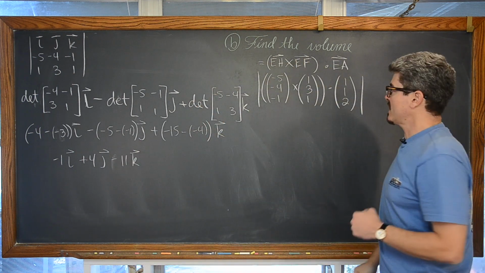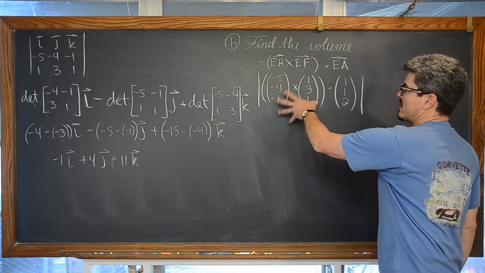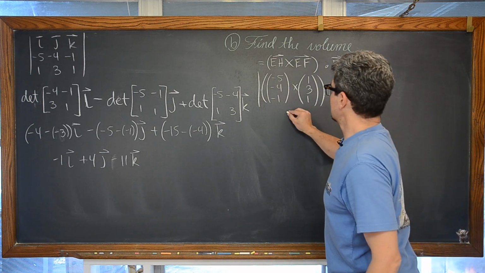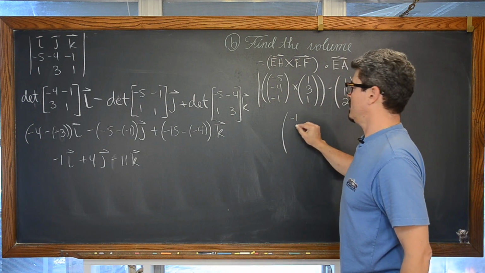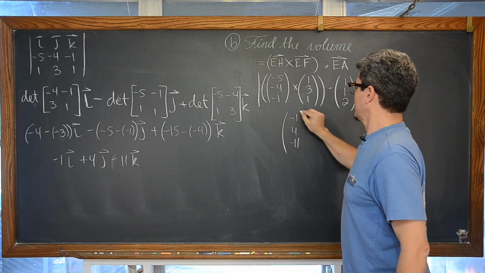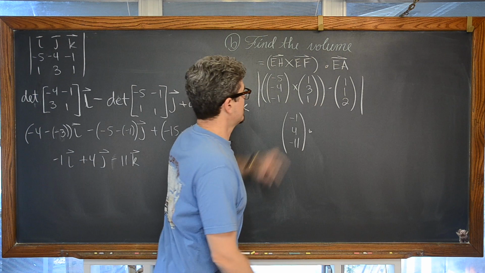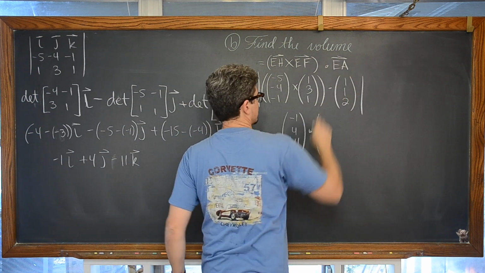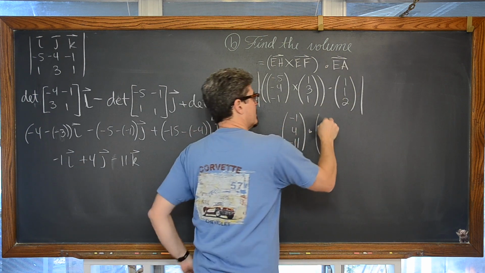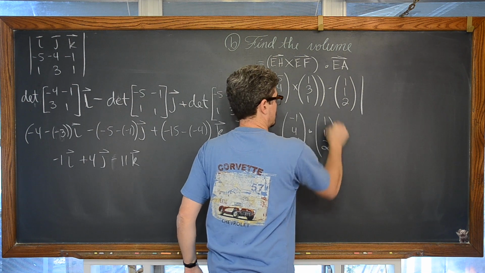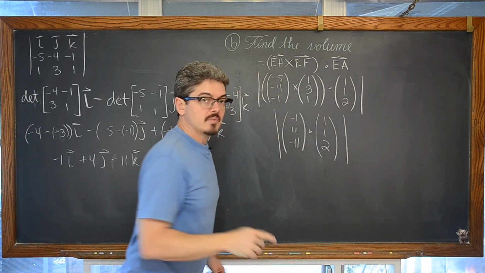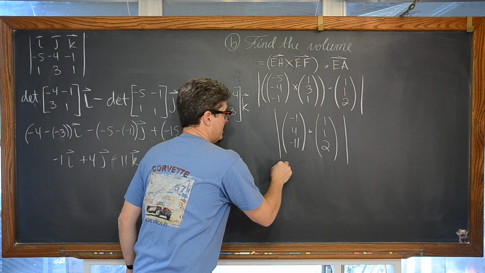Okay, so with that little bit of scratch work here, our vector cross product between these two vectors is -1, 4, -11. We're going to find the dot product between this vector in component form and our vector that was used in the process of finding the height of this parallelepiped. Keep the absolute value symbols to make sure our volume comes out to be positive.